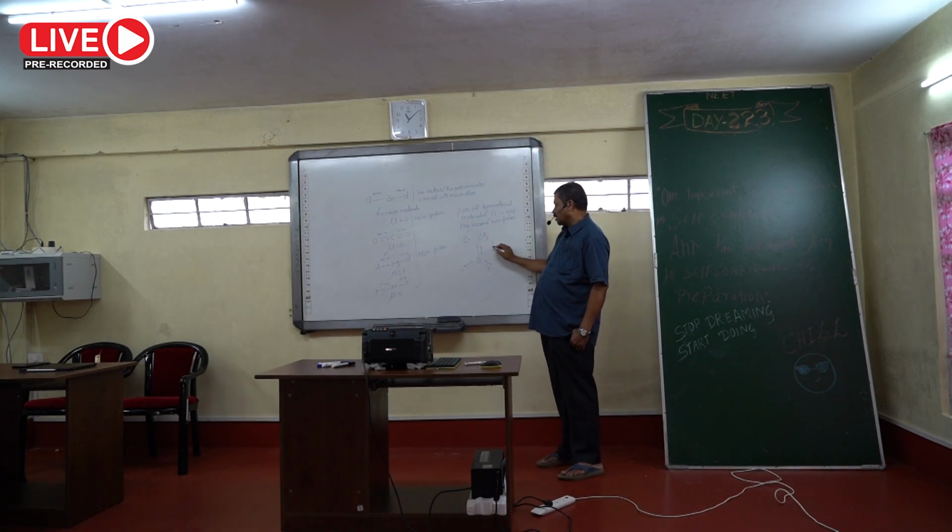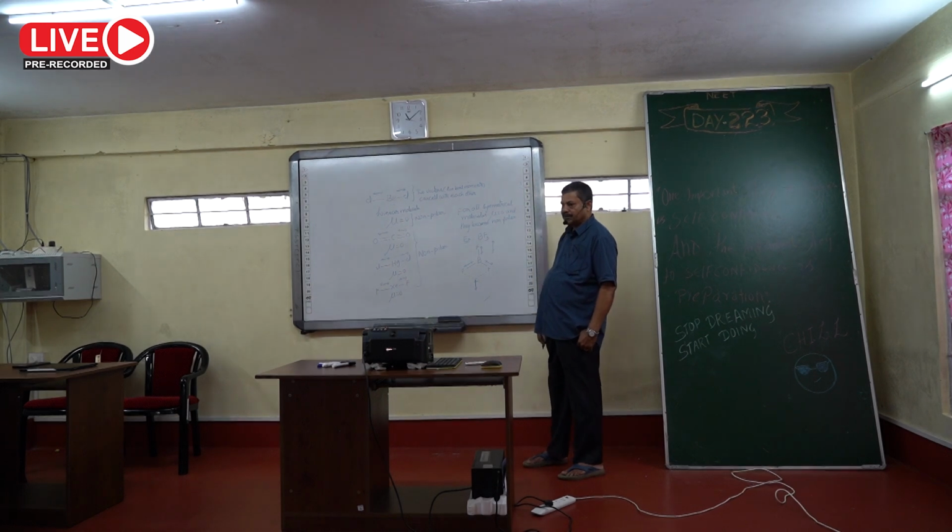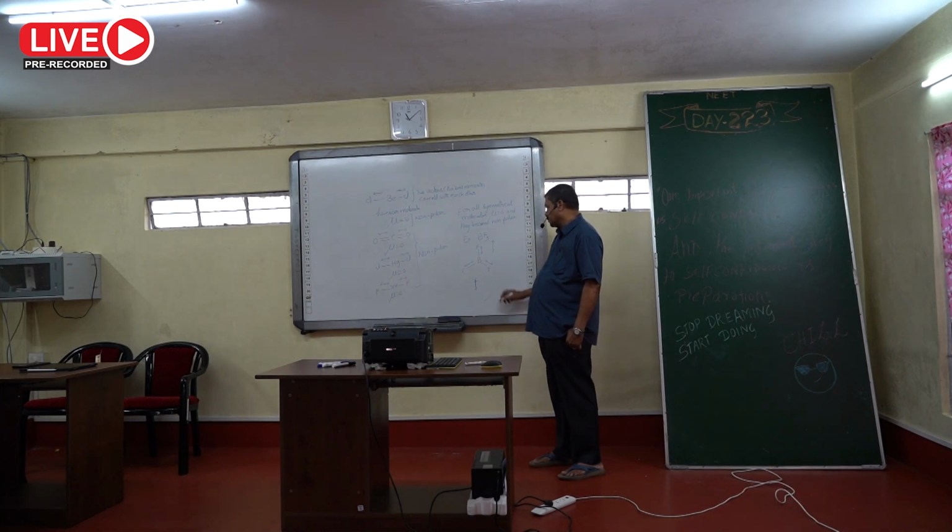Now this vector acting in the upward direction is cancelled by the resultant of these 2 vectors. The resultant of these 2 vectors acts in the opposite direction. So the net mu is equal to 0. It is non-polar.